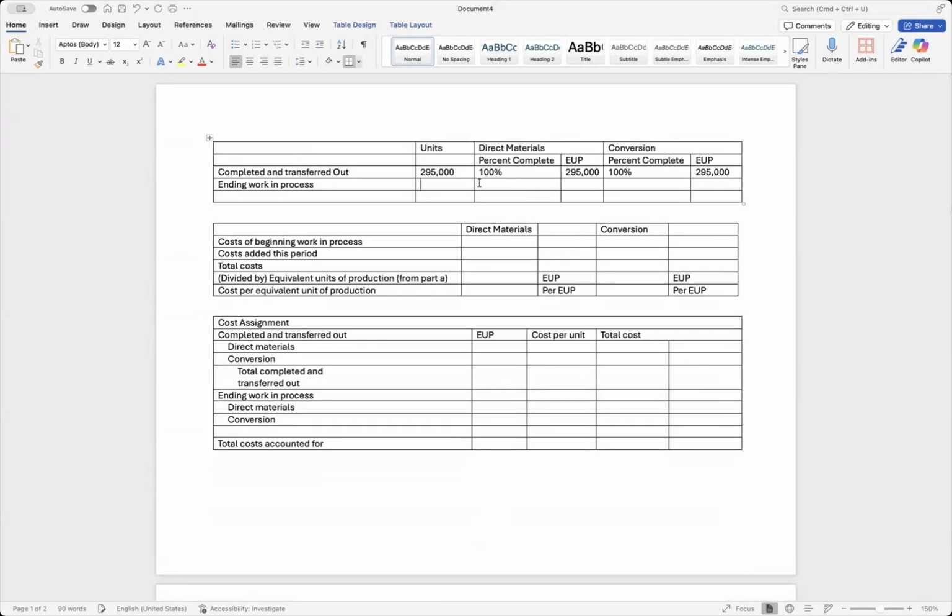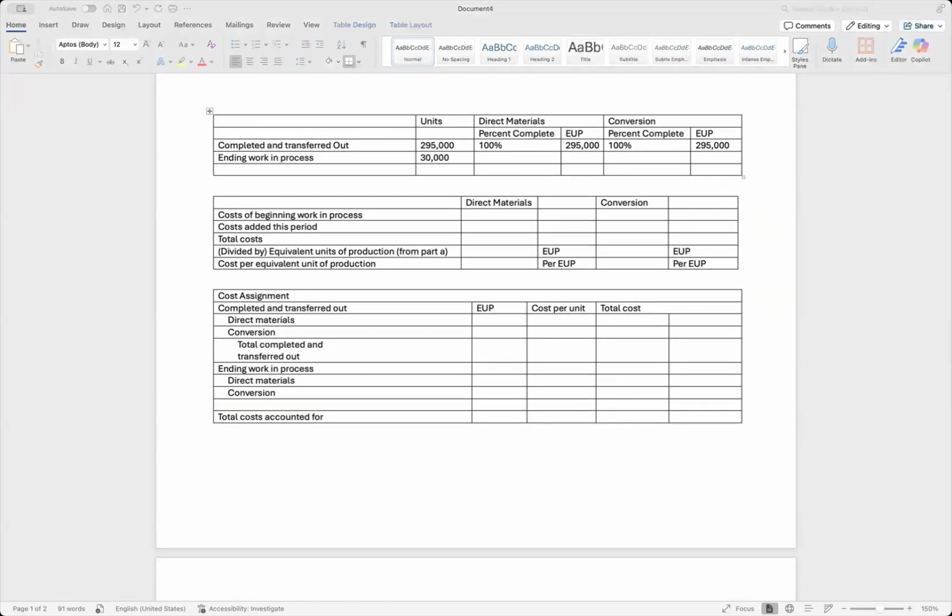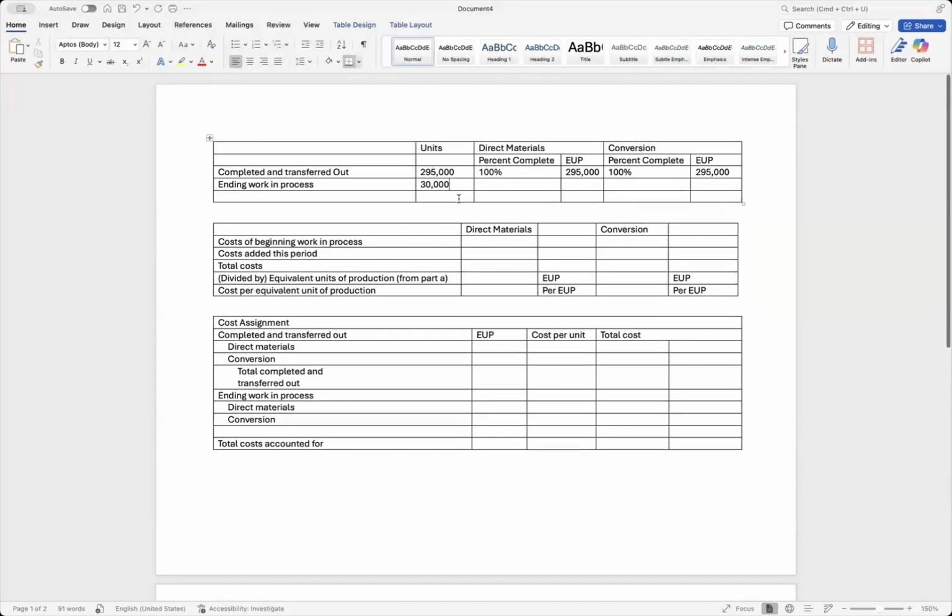So my units here are going to be 30,000. And I think I'm actually missing, no, I'm not missing a column. Okay. All right.